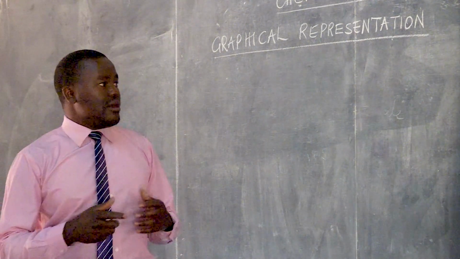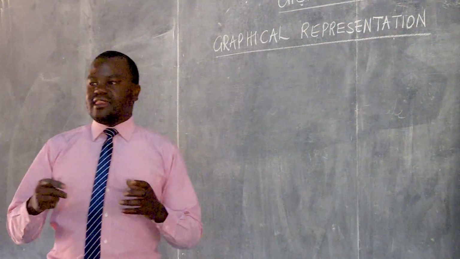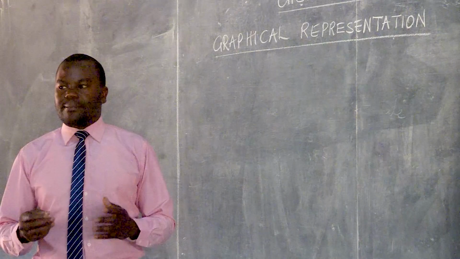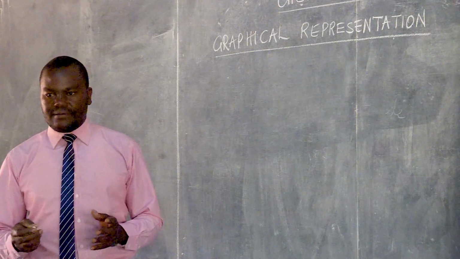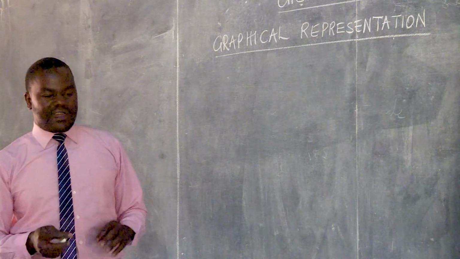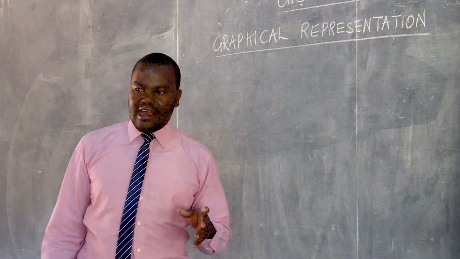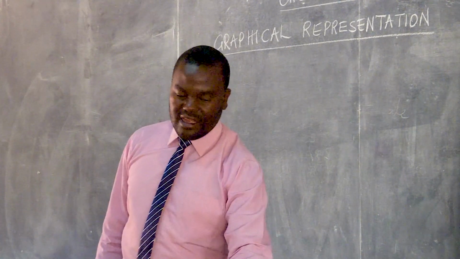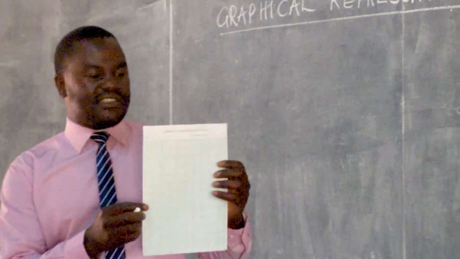Before you come up with a curve, there are some steps that you must follow to come up with a graph. One of the steps is on a graph like the one I have, the Zambian Standard Graph paper.